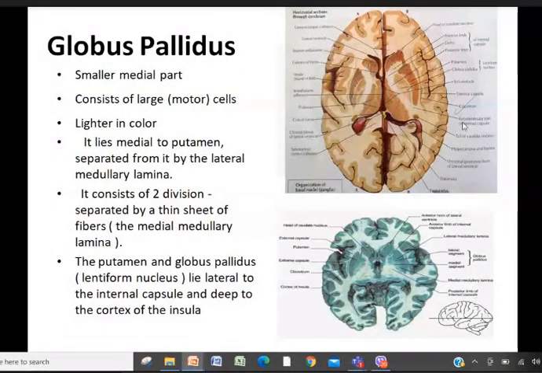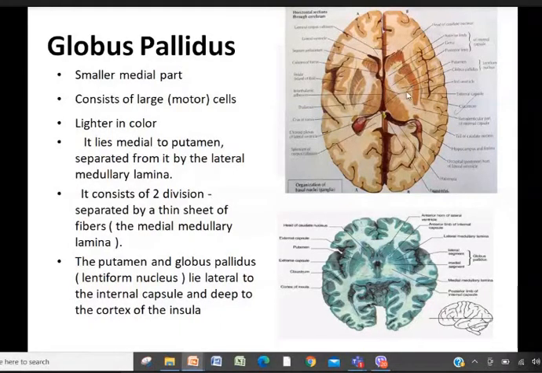So now we're talking about the globus pallidus. As I told you, it lies in the medial part of the lentiform nucleus. It consists of large motor cells. It's lighter in color than the putamen. Look here, you can compare these two. The globus pallidus is lighter in color and lies medial to the putamen, separated by the lateral medullary lamina or external medullary lamina, whatever you want to say. The globus pallidus is again divided by a thin sheet of fibers, the medial medullary lamina, into an outer segment and an inner segment.